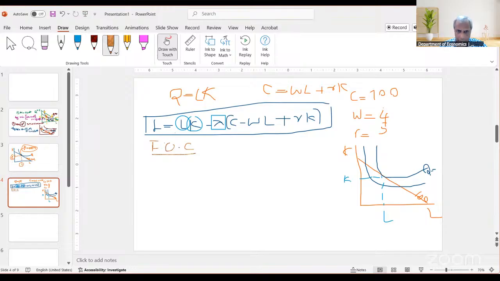First order condition. When we differentiate the Lagrangian equation with respect to L, that was the first order condition.